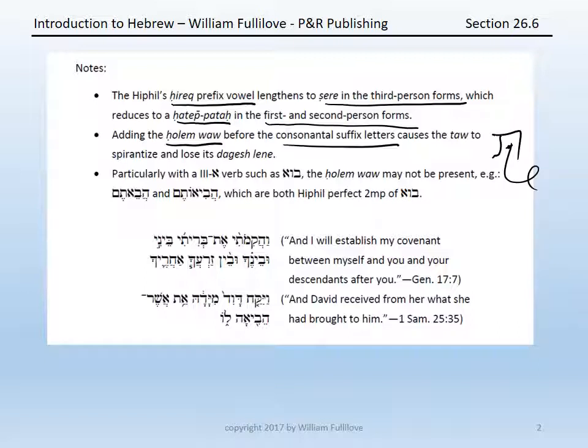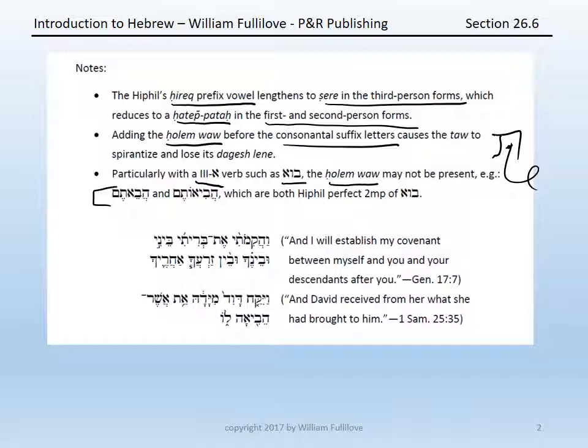Third, note that particularly with third aleph verbs, such as the very common verb bo, to come or enter, the Holam Vav may not be present. So you could have hevetem or heviotem. Each of these forms is a Hiphil perfect, second masculine plural of bo.